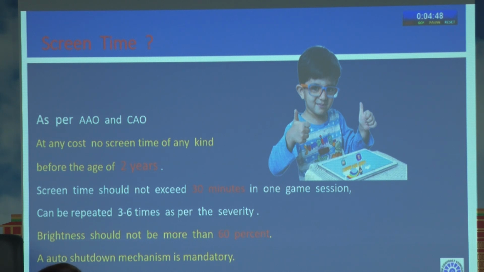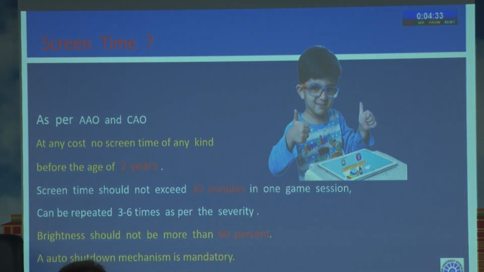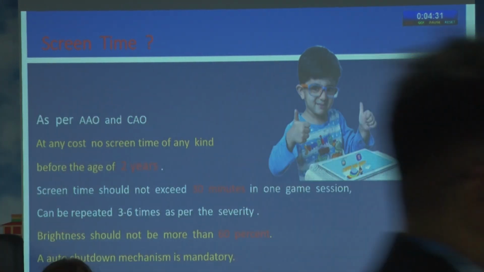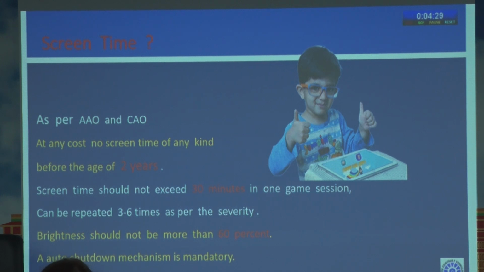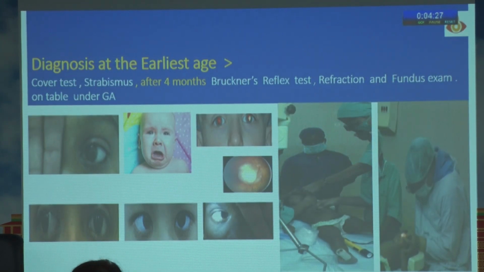The brightness should not be more than 60%. In my tab, which is a patented tab for the assessment and improvement of vision, there is an auto shutdown mechanism which I have kept; after 30 minutes it will automatically shut down. So there won't be any problem for the child.